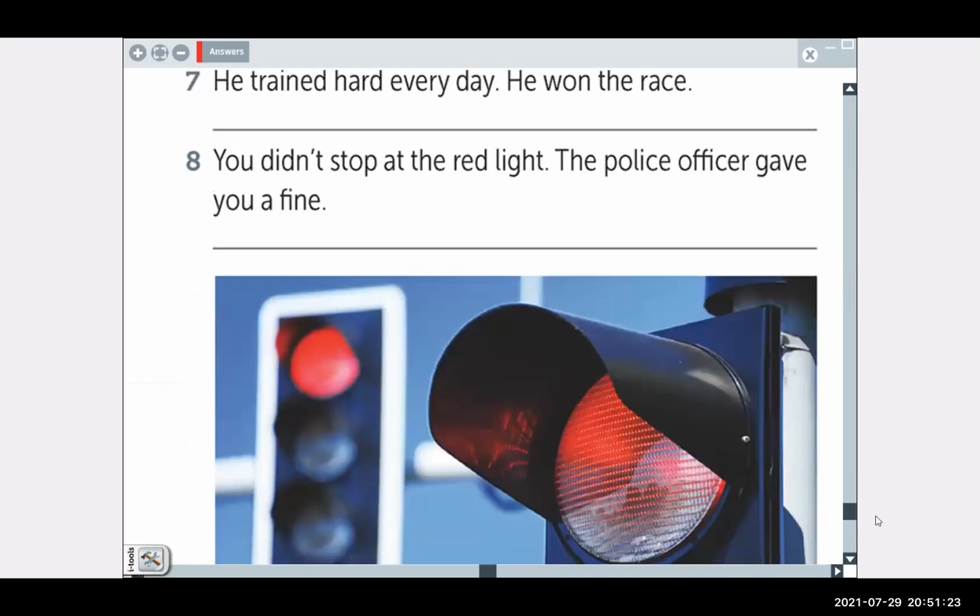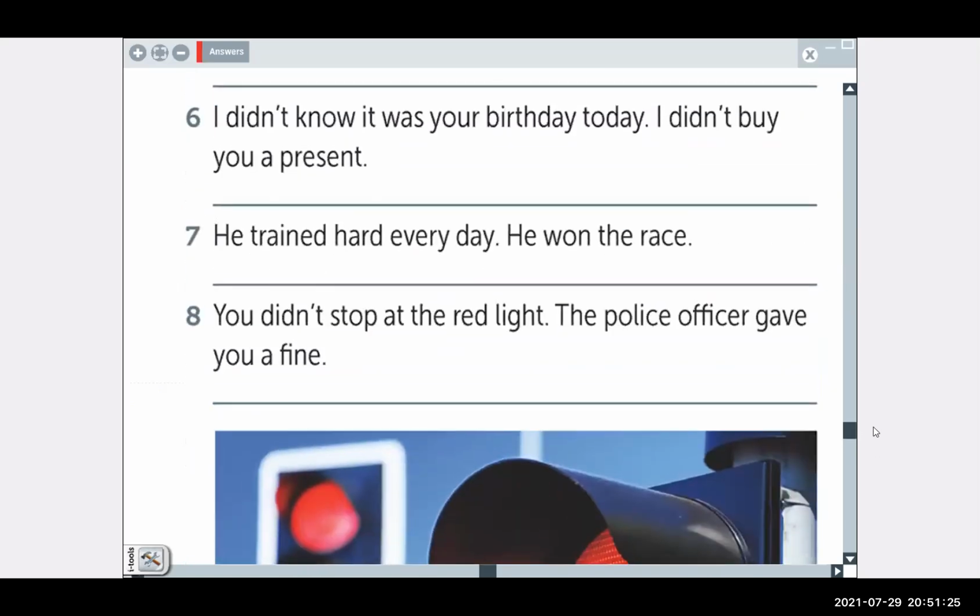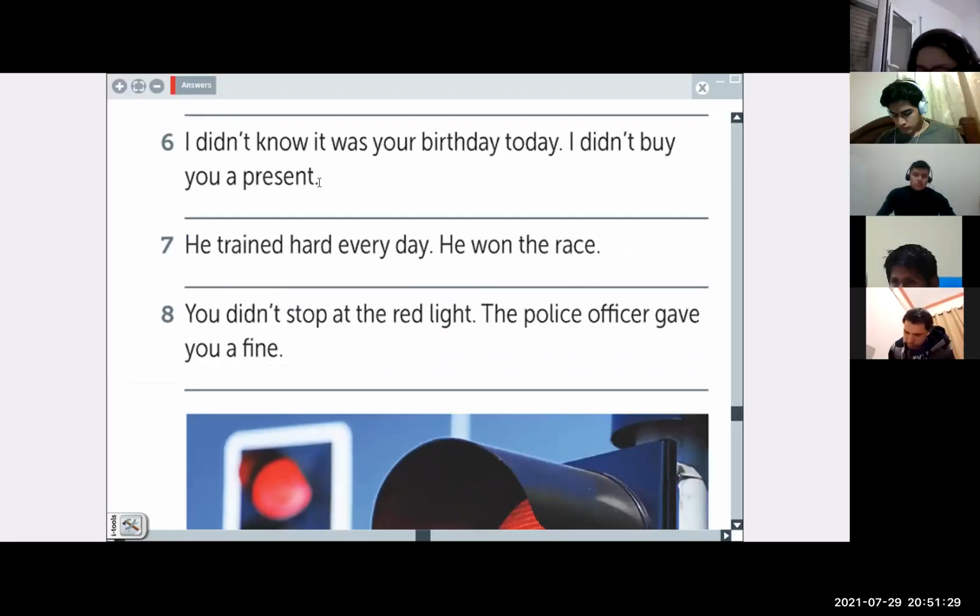Number 7. Anybody with number 7? ¿Alguien que no haya participado, tal vez?